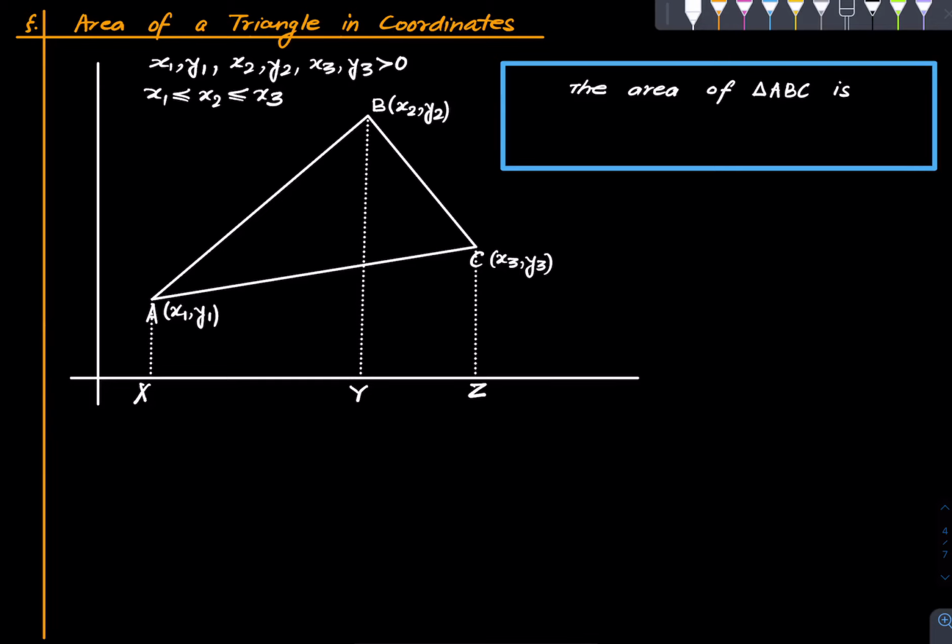Now what we observe is that the area of triangle ABC, which I denote by this notation, a bracket with ABC inside, meaning the area of triangle ABC, is nothing but the area of the quadrilateral ABYX plus the area of the quadrilateral BCZY minus the area of the quadrilateral ACZX.